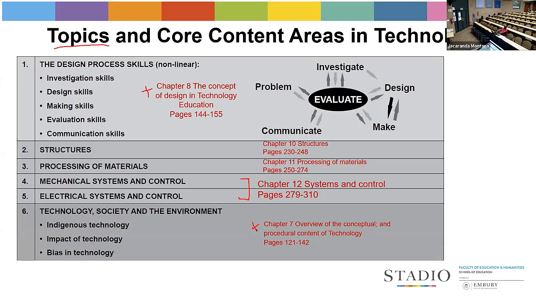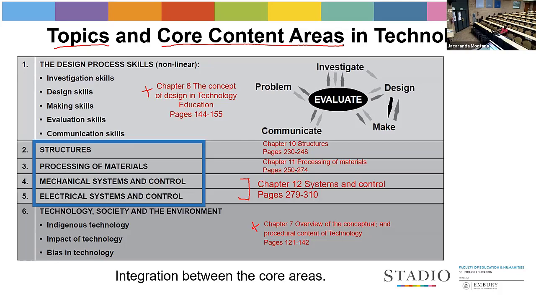Okay, so these are the topics that you get, but we have core content areas. The 4 content areas are the ones in blue. So that's your content areas: structures, processing of materials, mechanical systems and control, and electrical systems and control. And everything you do based on that links back to the design process, because that's the backbone of this module.